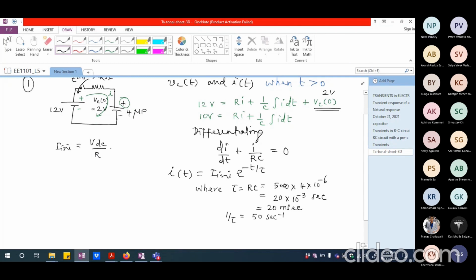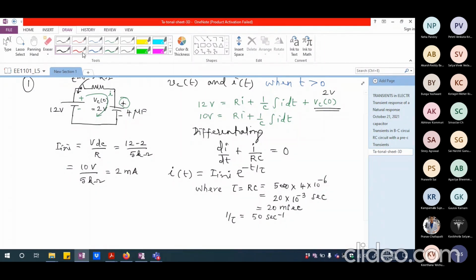Good. Ma'am, because 2 volt is opposing the initial voltage. Exactly. Very good. So this is going to be 12 minus 2 divided by 5 kilo. That is 10 volts divided by 5 kilo ohm, which gives me 2 milliampere.